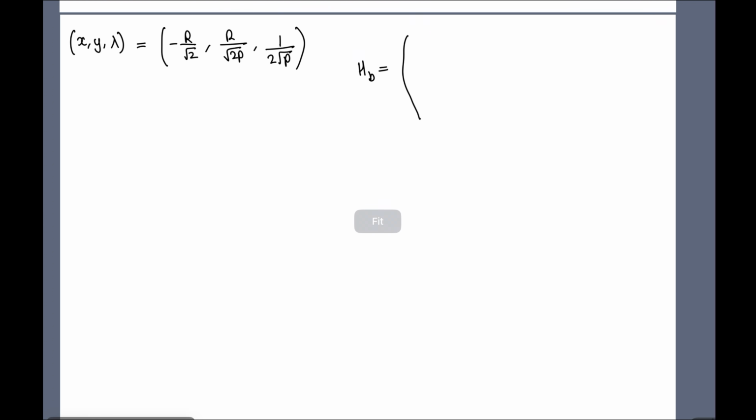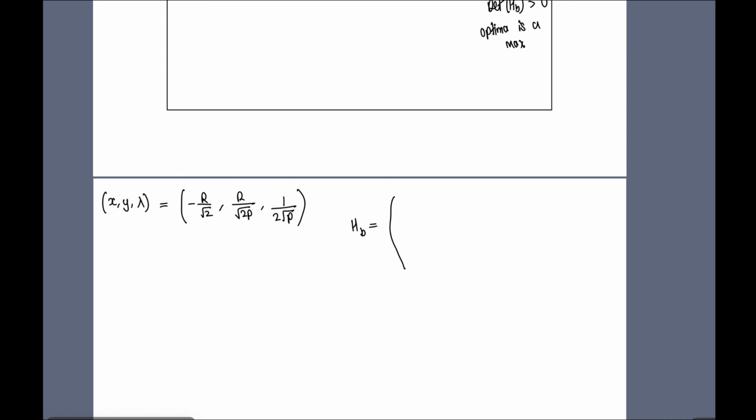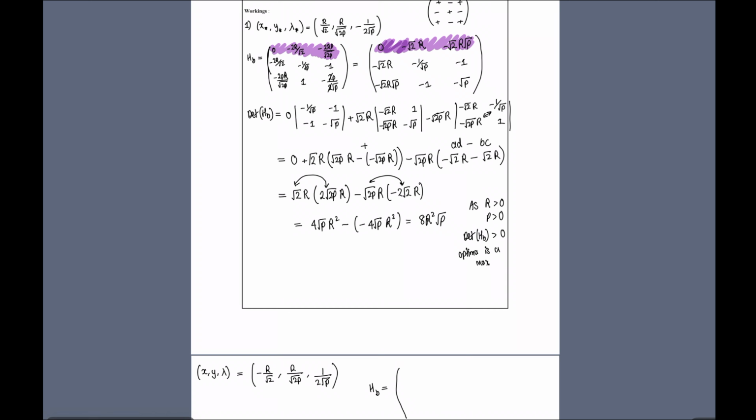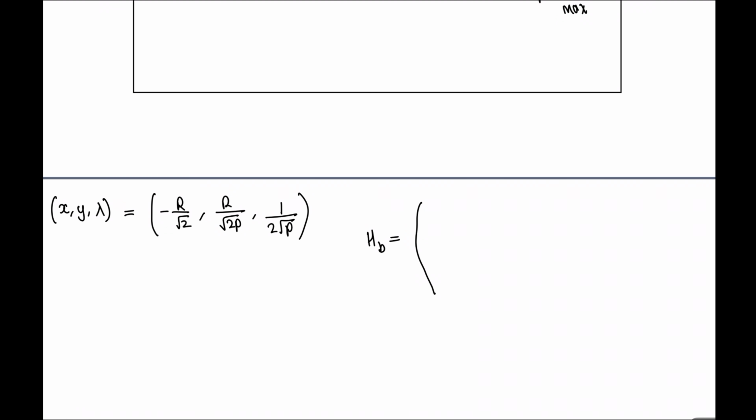So the Hessian is going to look very similar, but just with a few sign changes. So we still get 0 over here. So if I rewrite the bordered Hessian, the general bordered Hessian, we had 0 minus 2x minus 2py minus 2x 2 lambda 1 minus 2py 1, and then 2p lambda.